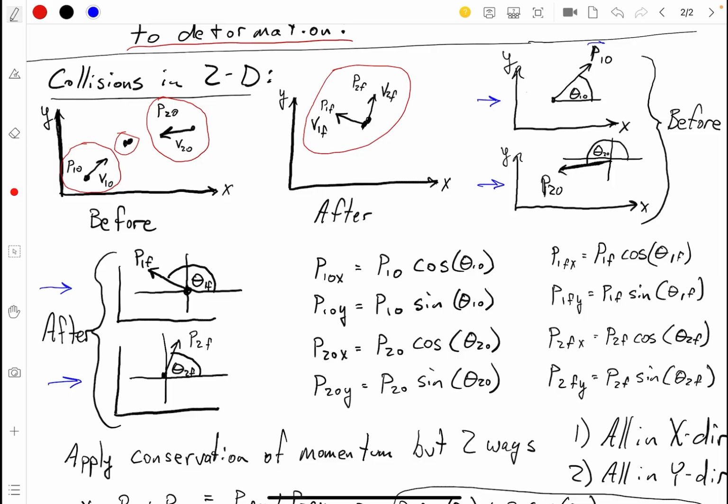But what do we have to do? We have to break each one of those things down in terms of their x and y coordinates. So initially, we have the first particle in the x direction, the first particle in the y direction, the second particle in the x, and the second particle in the y. We then figure out their finals for the x's and the y's for both particles.